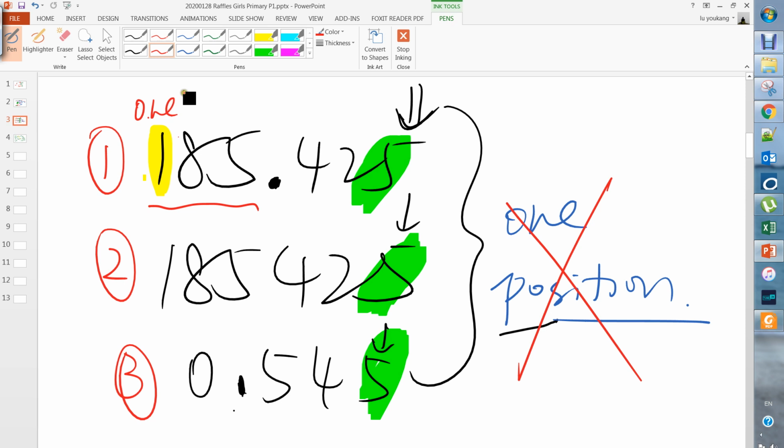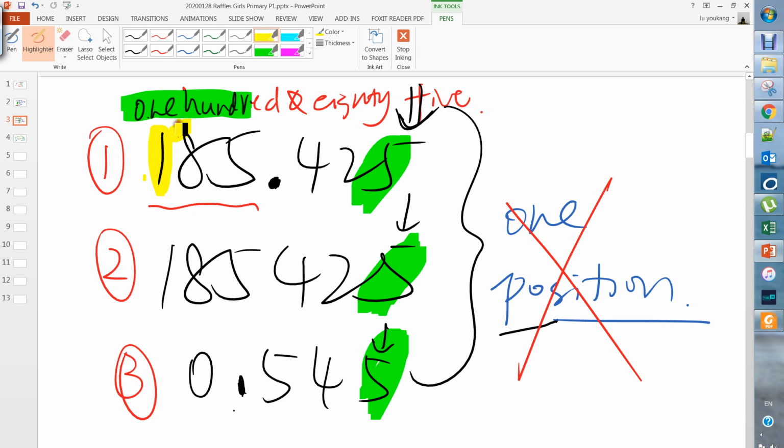This is because this is called 185. Right? Let's ignore what is behind first. At least you know that, because this is 100, therefore my 1 is the 100. Right? Okay, then if the 1 is the 100, then which one is the 1?